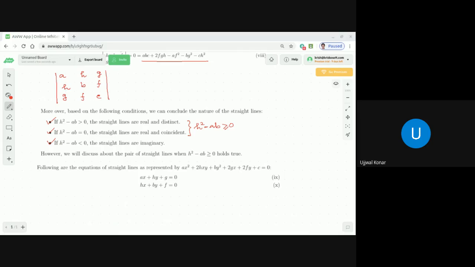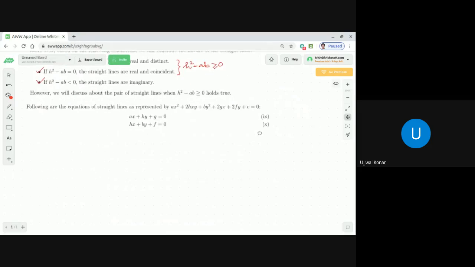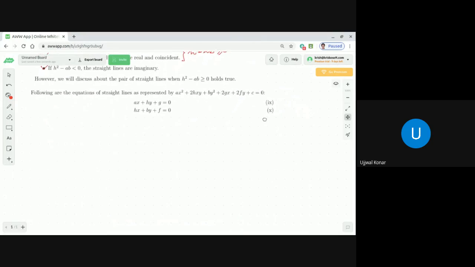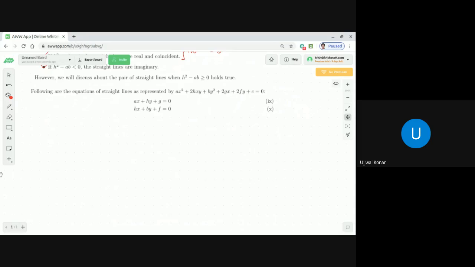Let me explain this with a representative example. Before proceeding further, let us solve a couple of problems. Then we'll proceed, and it will make more sense to us.